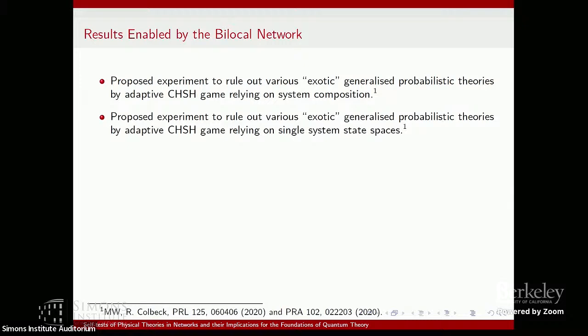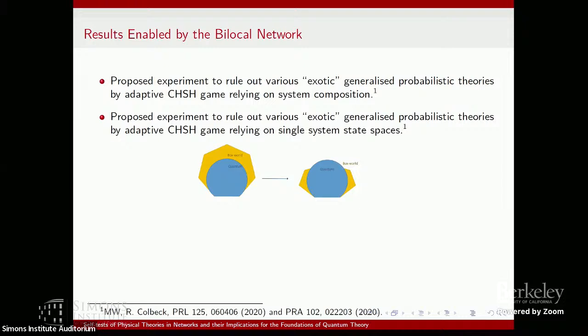The other is that the single system state spaces themselves can already have implications for those games. There are various cases where we encounter this diagrammatic situation from before, where these theories were considered more general in the Bell scenario, but in a different network this is not the case anymore. So somehow this relation turns over.